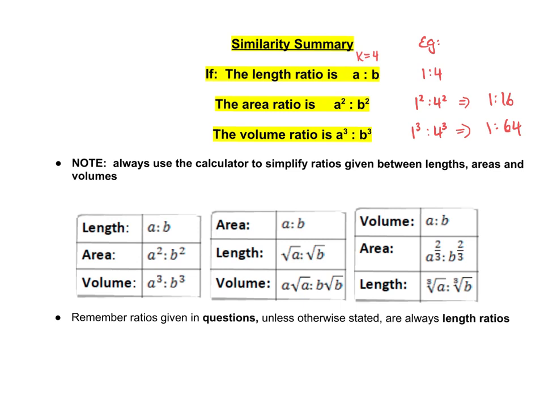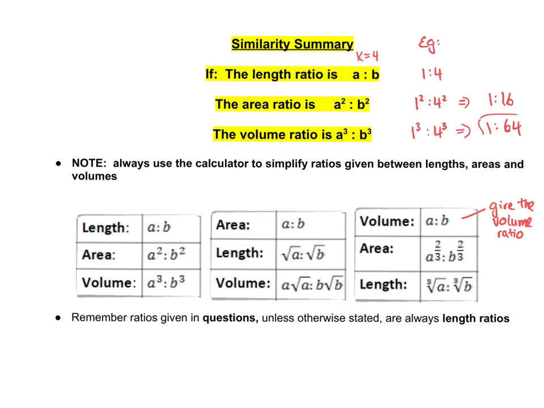Okay, sometimes they might give you questions where they give the volume ratio, and you need to go back. If you want to go back, you do the cubic root.